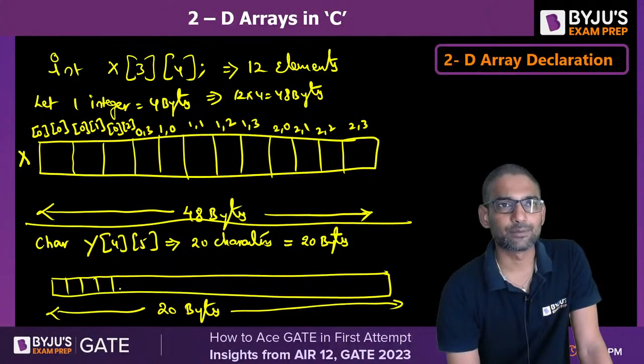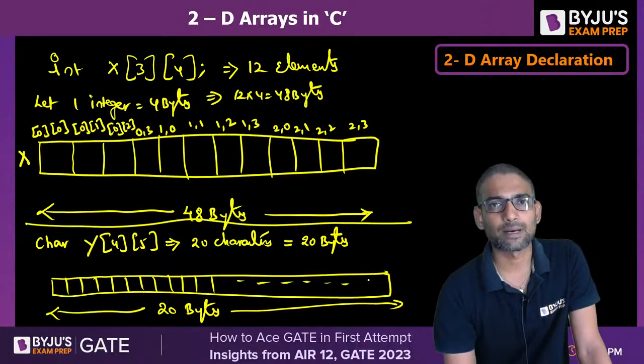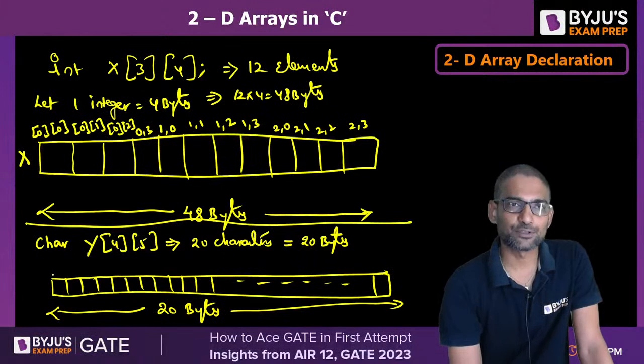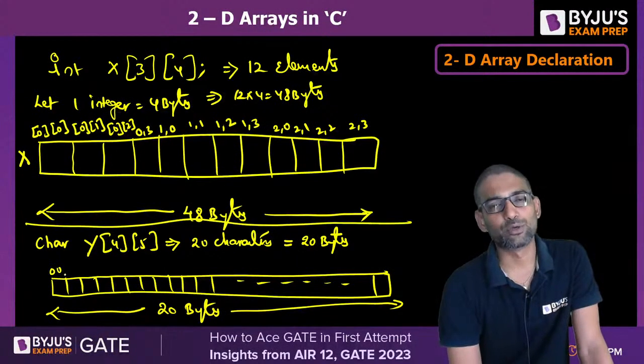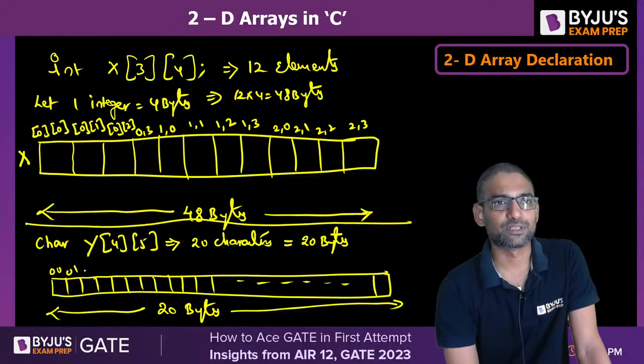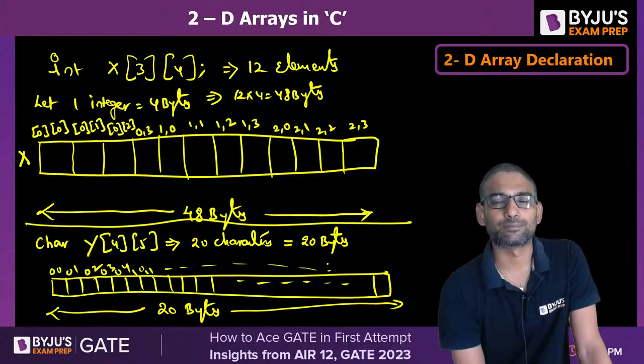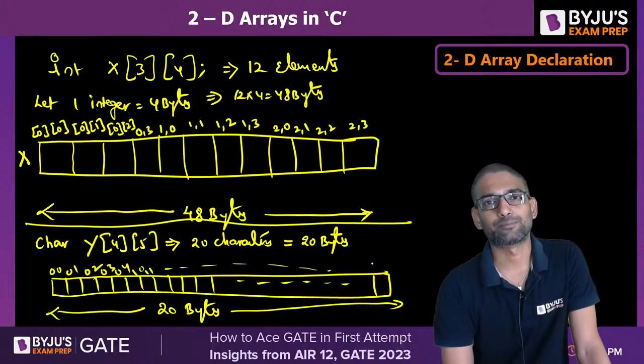Internally, it is divided into 20 partitions. As usual, row index, column index would be from 0. So 0, 0, 0, 1, 0, 2, 0, 3, 0, 4, 1, 0, 1, 1, and so on.